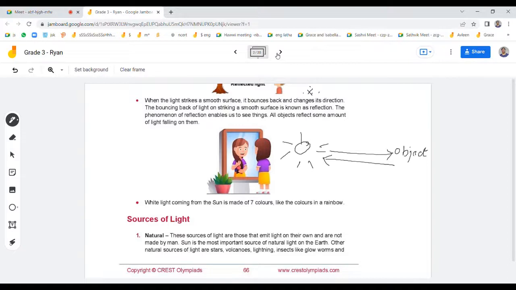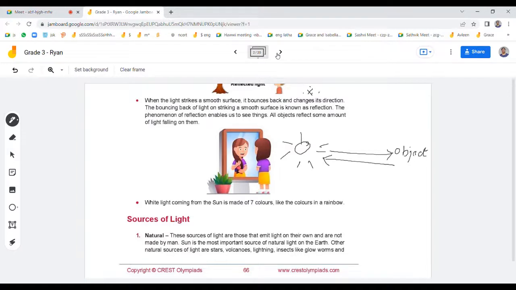It turns into reflected light, then it reaches our eyes and our eyes can see the object. This is how we can see things. This is called reflection. If they ask you to write in one word how you can see objects, that is by reflection.